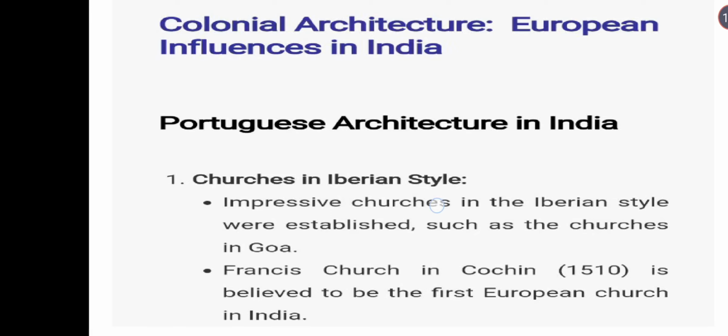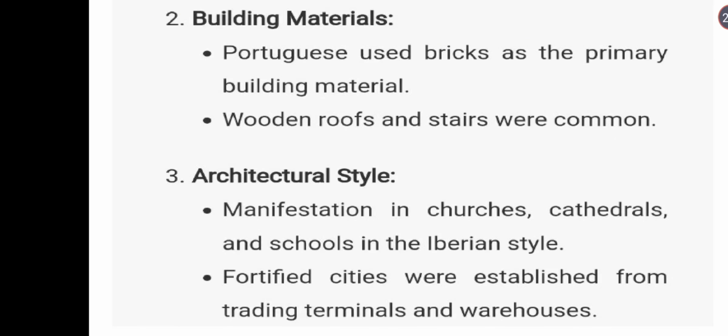Churches were established, such as the churches in Goa and the Fort Cochin church, built in 1510. It is believed to be the first European church in India. As building material, the Portuguese used bricks as the primary material, and wooden roofs and stairs were a very common specialty of the Portuguese.